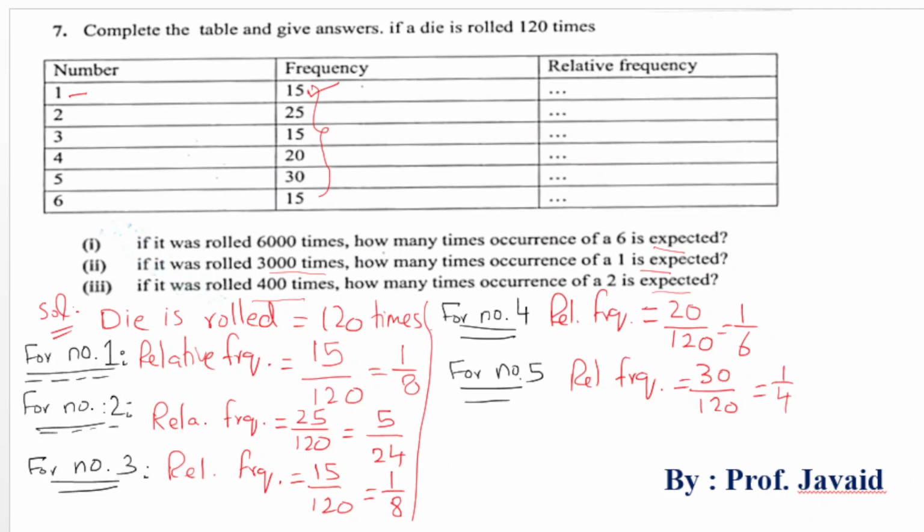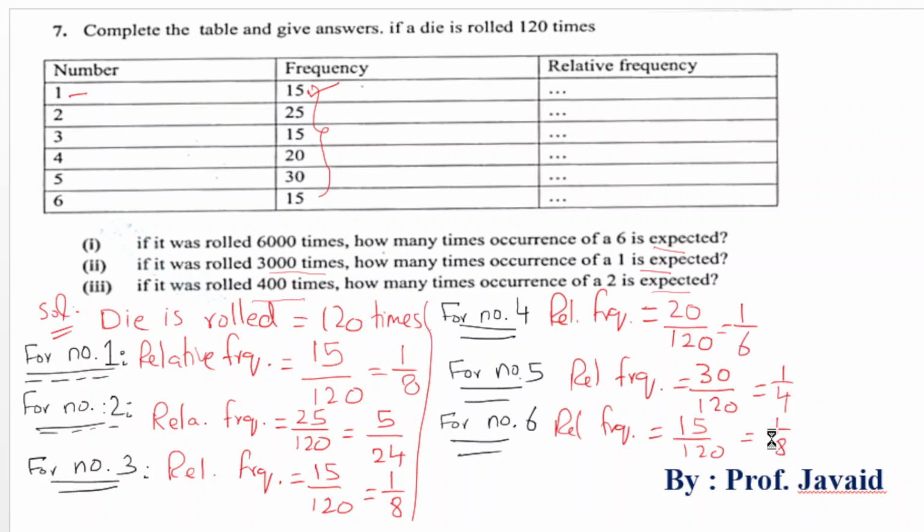Now let's move to number 6. Relative frequency for number 6 is again 15 by 120, and we already found that is 1 by 8.